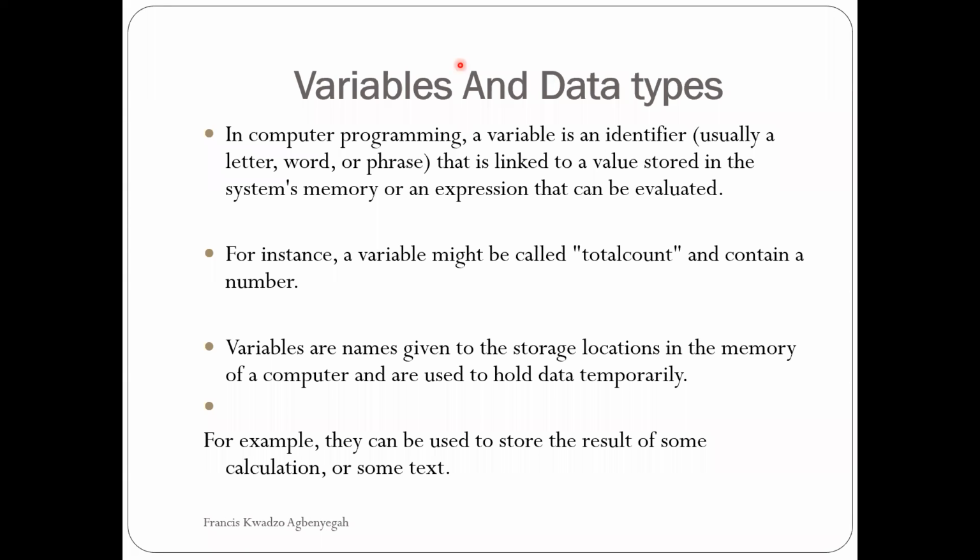For example, you can say that your expression pi r square should be stored in a particular variable called a, which we are saying area. So in this case, our area is a variable that is storing the value pi r square. So your variable can be an expression that will have to be stored in our computer memory.